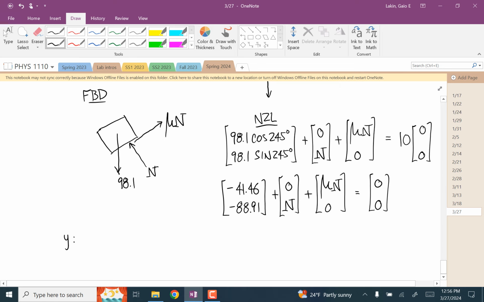The y equation says negative 88.91 plus n is equal to 0. So n is equal to 88.91.